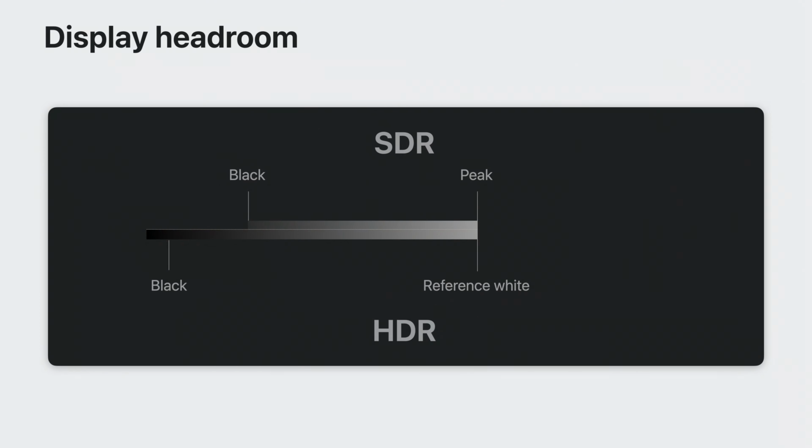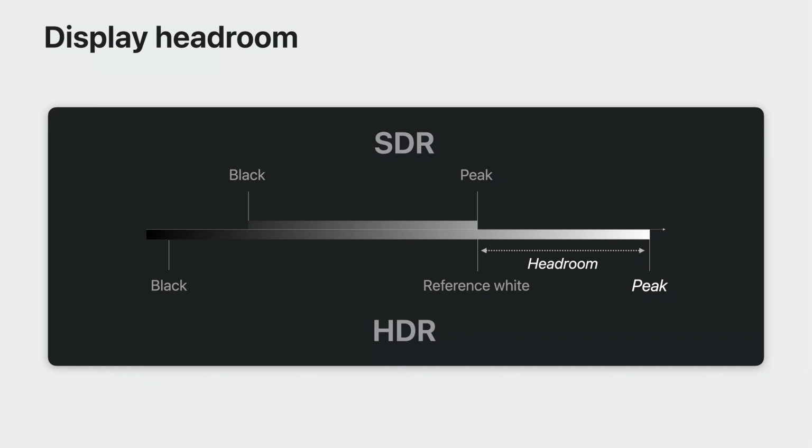So, having a display with an HDR range lets us render parts of the scene brighter than the brightest SDR white. This is commonly referred to as headroom. In this paradigm, reference white is the brightest white the SDR display would have produced. Anything above that point is headroom. In past talks, we introduced extended dynamic range, or EDR, for interacting with content that can be rendered in the headroom of an HDR-capable display.